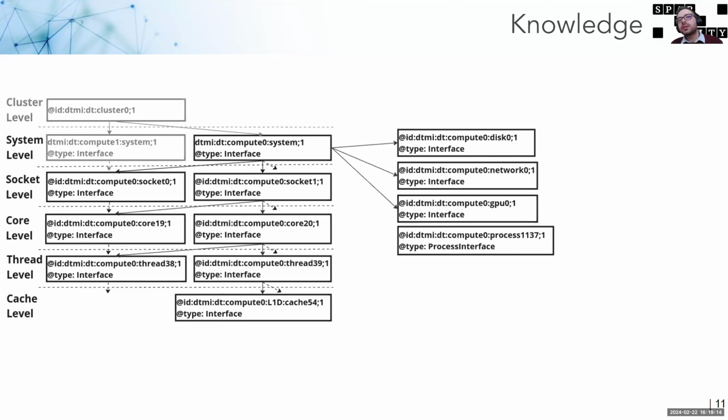It can change the process ID of this process interface entry once a process on the target system changes its process ID, and it can also collect per process metrics from the target systems this way. All of these interfaces and devices are under the system level.